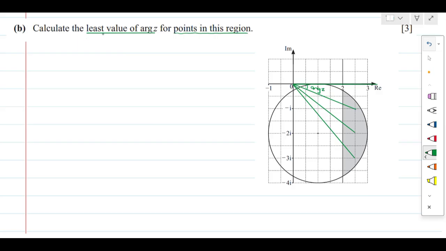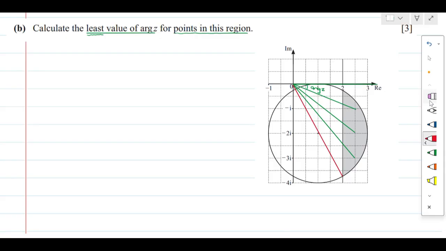But in this case they ask least value. Least means the most negative, the most smallest value. So which one is the least one? So the most negative value is this point.